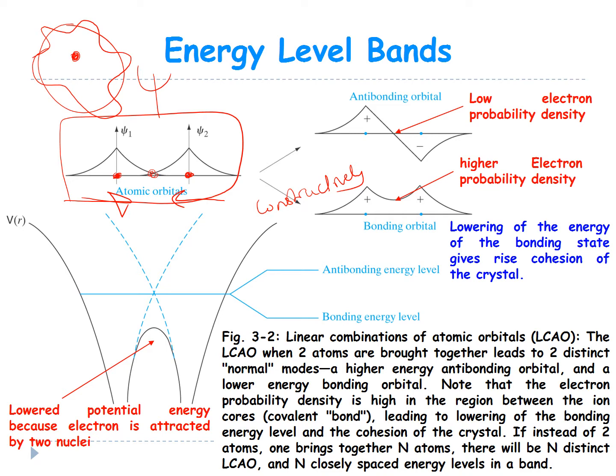You remember when we did the double slit experiment, when you have a trough and a trough, you get a double trough. When you have a crest and a crest, you get a double crest. But if you have a trough and a crest, you get nothing.